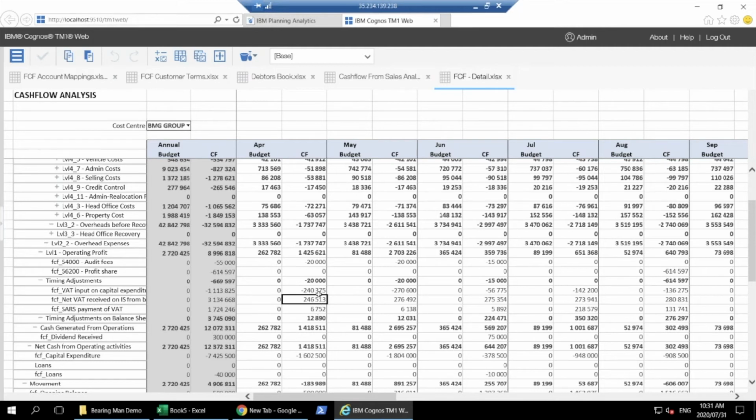And then the SARS payment is automatically formula driven to calculate a month later. So net of these two items here, the SARS cash flow item appears in the following month over here. So that is how VAT gets modeled, and again, all done automatically.